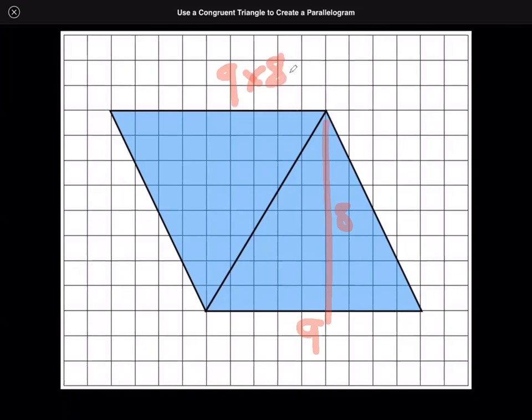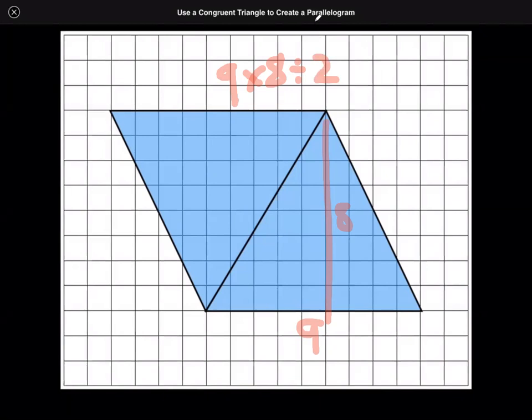But we know that that gave us too much, gave us 72. So the last part of the formula for a triangle is, once we've figured out our base and our height, what we're going to do next is we're actually going to divide. And so we're going to take the base and the height, multiply it, and then we're going to divide it by 2.